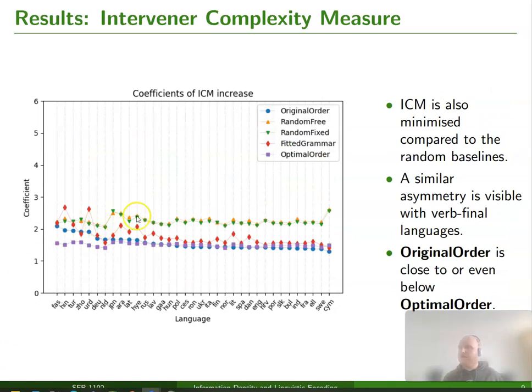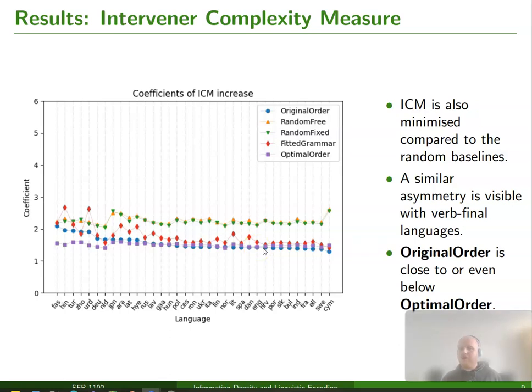Well, not only is it below the random baselines here, but it's actually in some cases close to or even below the optimal order baselines. And this was quite surprising. It may tentatively be evidence that the original order sentences are optimized for intervener complexity more directly than dependency length.